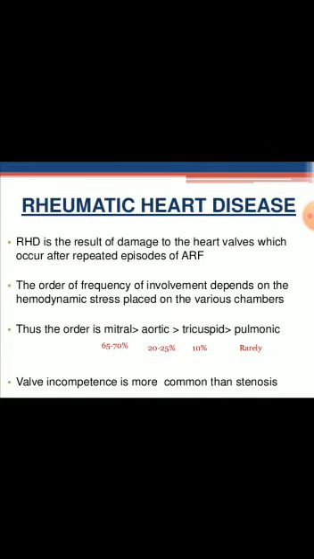So the mitral valve is mostly affected, as you have seen in the picture, about 65 to 70%, and after the mitral valve, the aortic valve is most affected, about 20 to 25%, and the tricuspid and pulmonary valves are less likely to be affected.